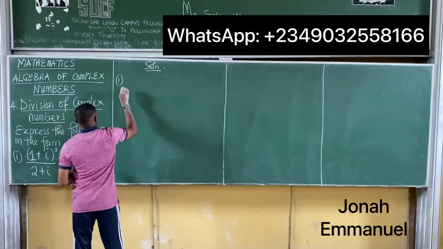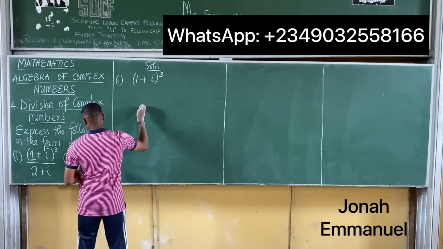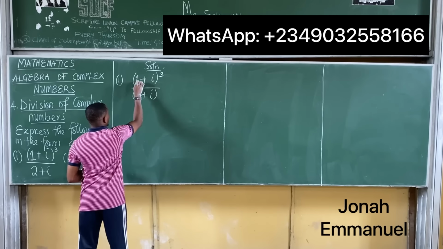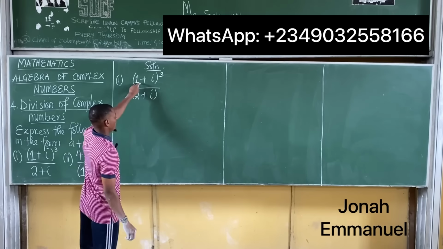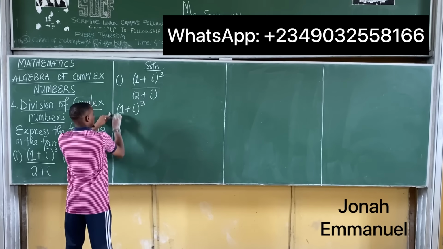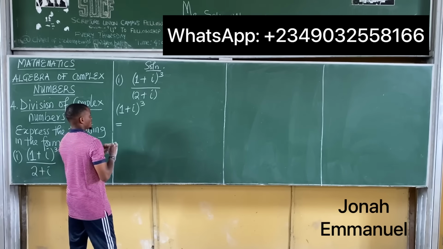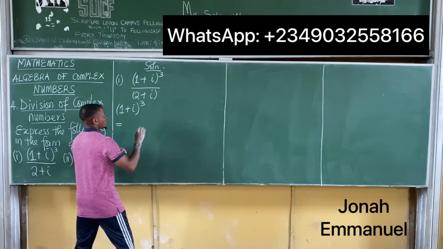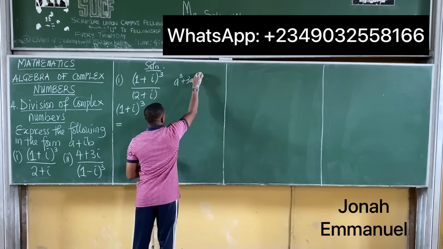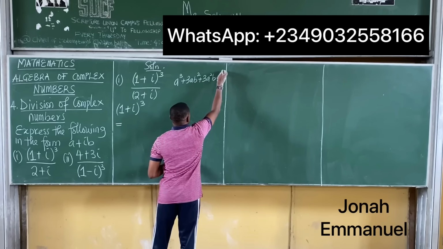number 1, I'm given 1 plus i all cubed all over 2 plus i. My first task would be to simplify this. This would be 1 plus i cubed. I want to use the binomial expansion formula, which is a cubed plus 3a squared b plus 3ab squared plus b cubed.